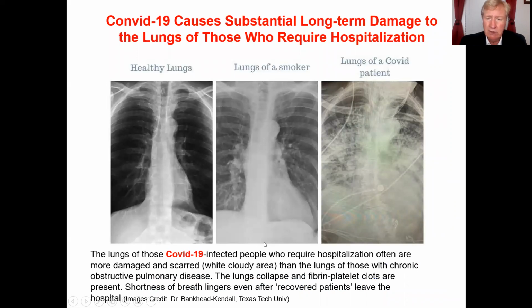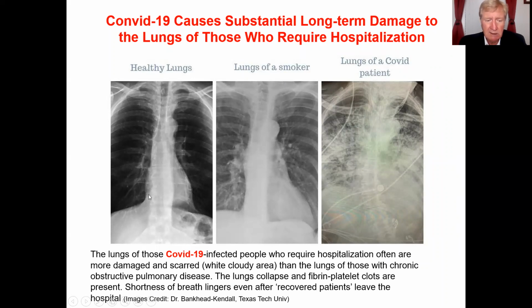Now, shown on this slide are three X-rays taken by Dr. Bankhead Kendall at Texas Tech University. What she did is she took X-rays of the lungs of normal, healthy people, those who had advanced COPD due to chronic cigarette smoking, and then the lungs of her COVID patient.